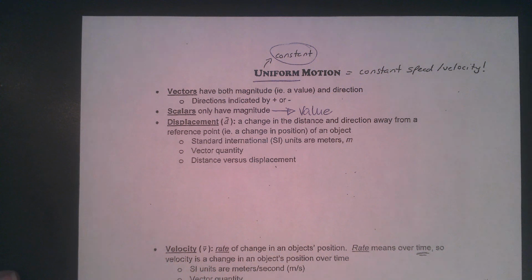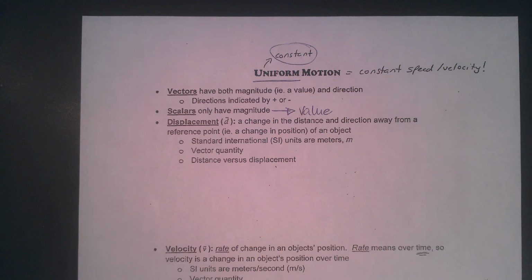When we're looking at displacement, in the past we've heard the word distance. Distance is the total movement that you've had. Maybe you traveled 100 kilometers. It doesn't give us any information on the direction that you went. Maybe you went 50 kilometers south and then 50 kilometers north.